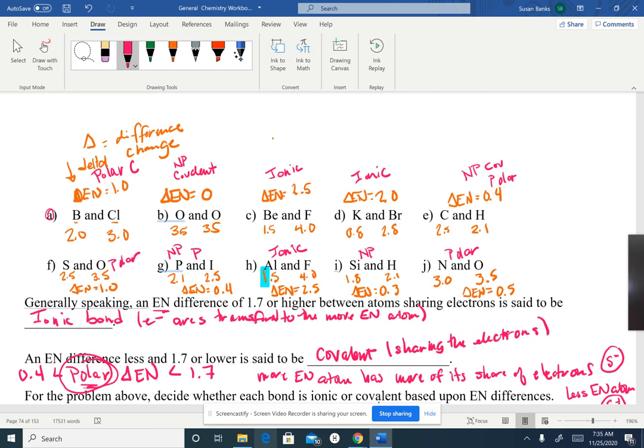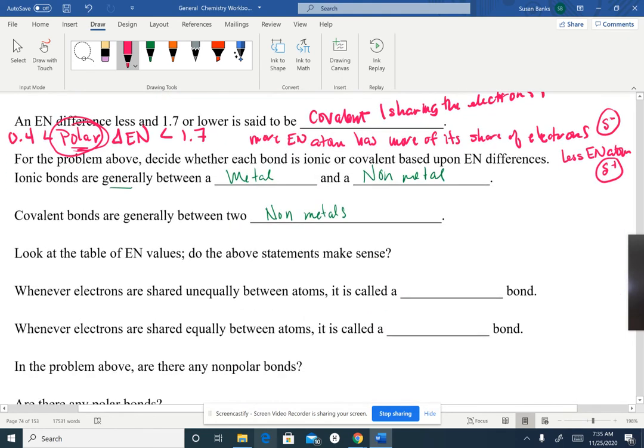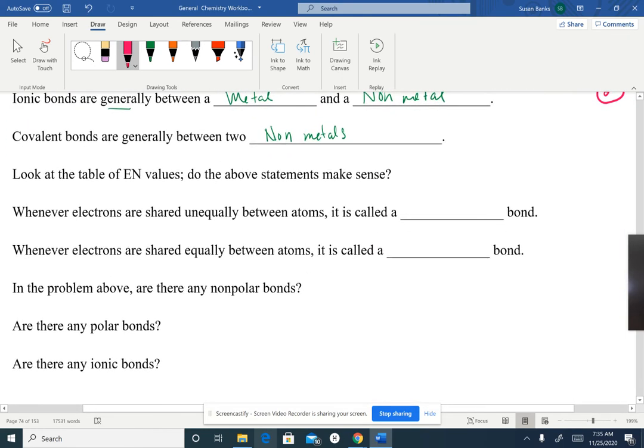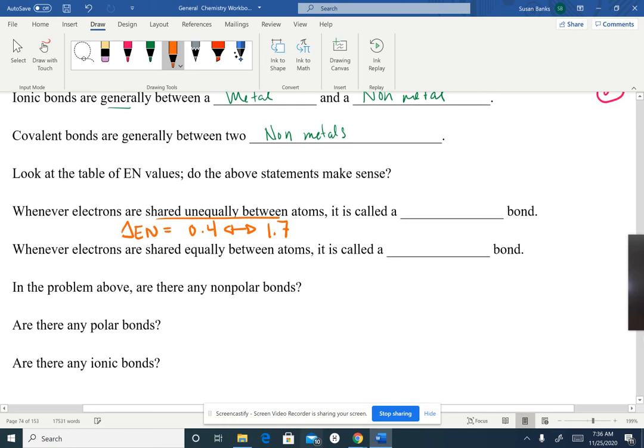All right, now let's look at all the different bonds and make them a list here. Okay, let's do a couple concepts first. Whenever electrons are shared unequally, remember we have a 0.4 to a 1.7 electronegativity difference for this.